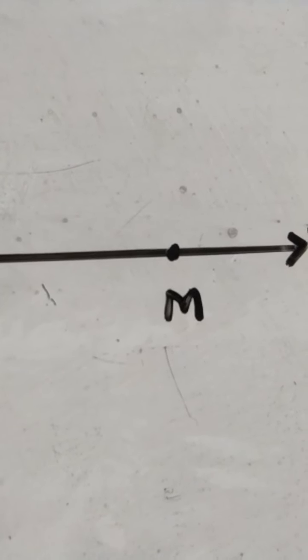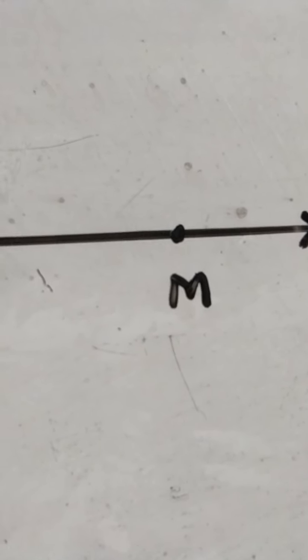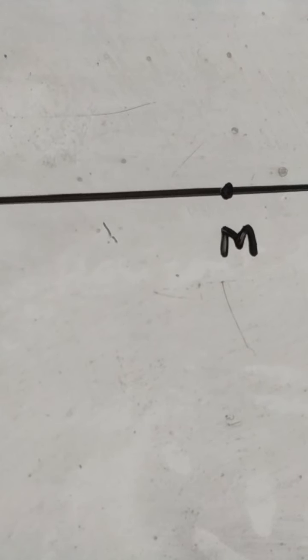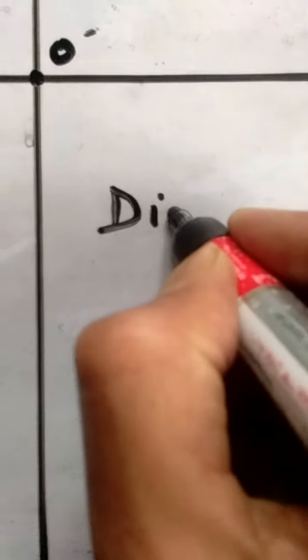And now, if we take a point on x-axis, let us say this point is M. I have named this point as M. The distance of a point from y-axis, where the point is situated on x-axis, is called abscissa.